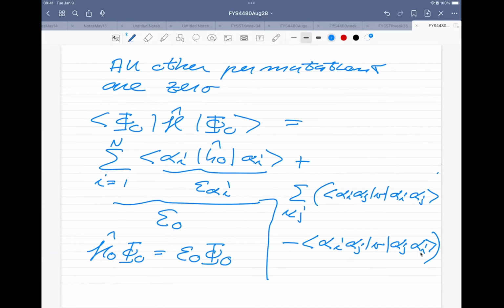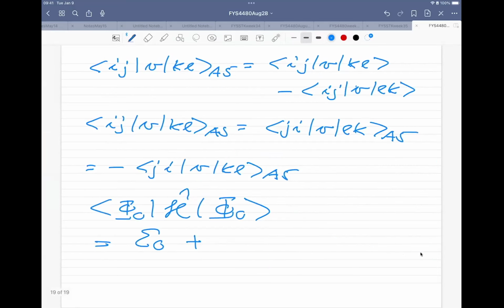And if you sum freely, then due to the anti-symmetry and the symmetries of these integrals, you can rewrite this with a factor of a half. And you know that when i is equal to j, the two terms cancel each other. And then you don't want to double count, because you get the same contribution when you have j less than i or i less than j. So I would write this out like this, anti-symmetrized. That's the compact way of writing this expression.